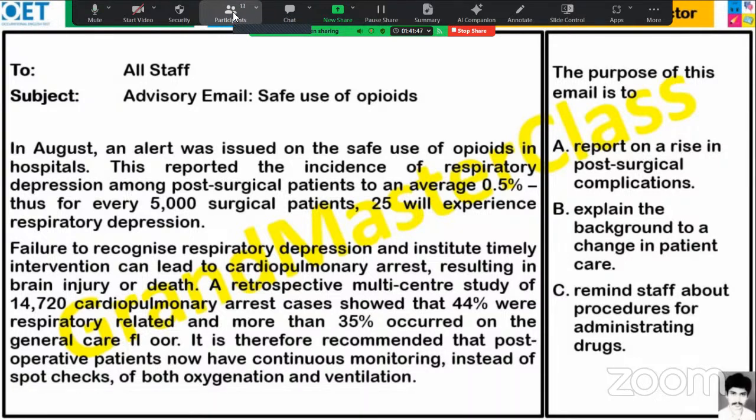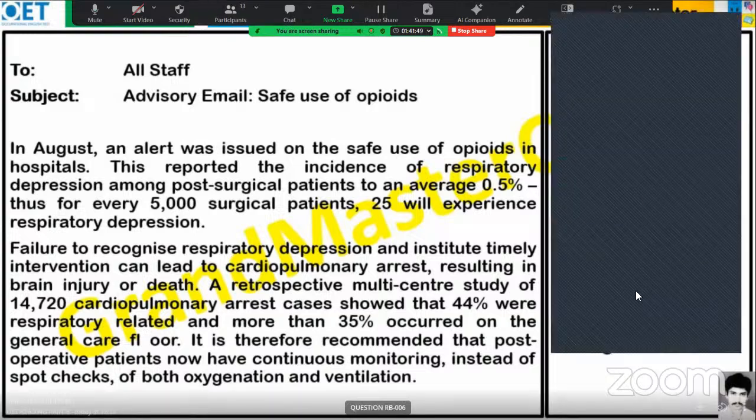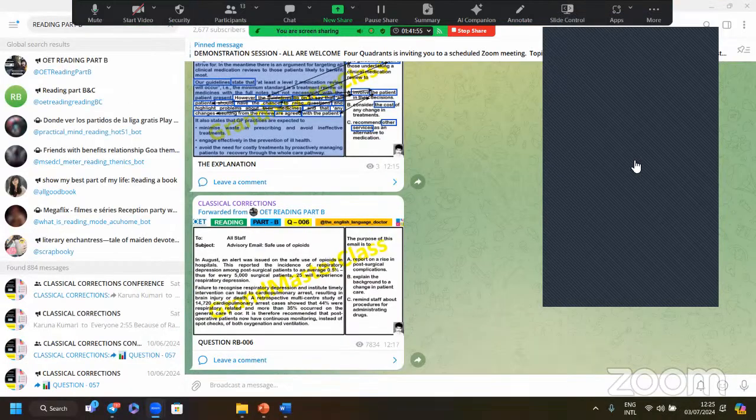Right. So, good. Yeah. So, submit your answers. Most of you have written B. And there is one C, two C's. One C. Okay.